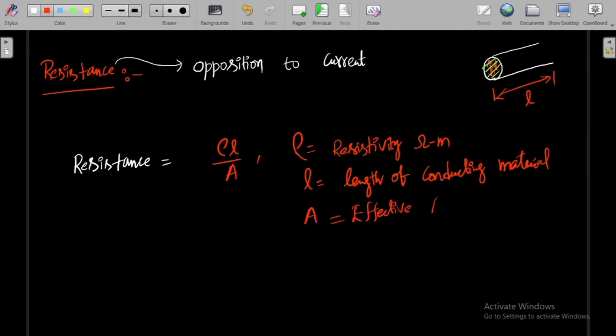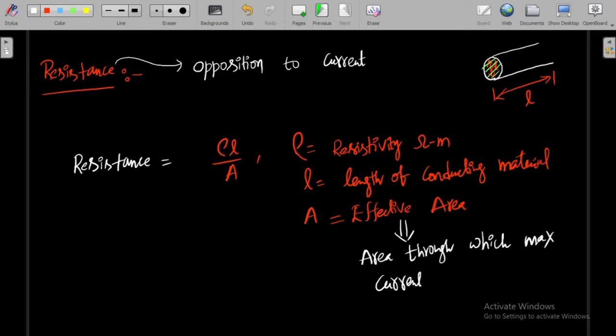What is meant by effective area? Effective area here is nothing but the area through which maximum current flows. Now why is it happening?